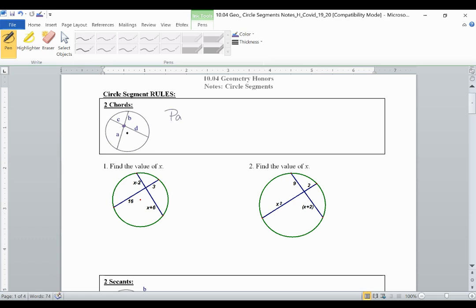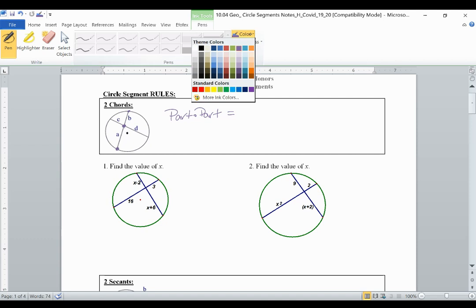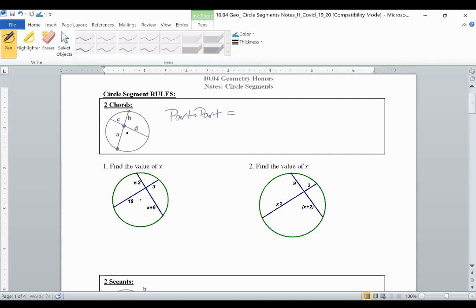Our rule for this is we take part of the chord, from where the chord hits the circumference to the intersection of the chords, times the other part. So continuing along that same chord from that intersection to the other side of the chord, and that will be equal to, for some reason I can't use my tools, we're going from the end of the other chord to the intersection of that chord.